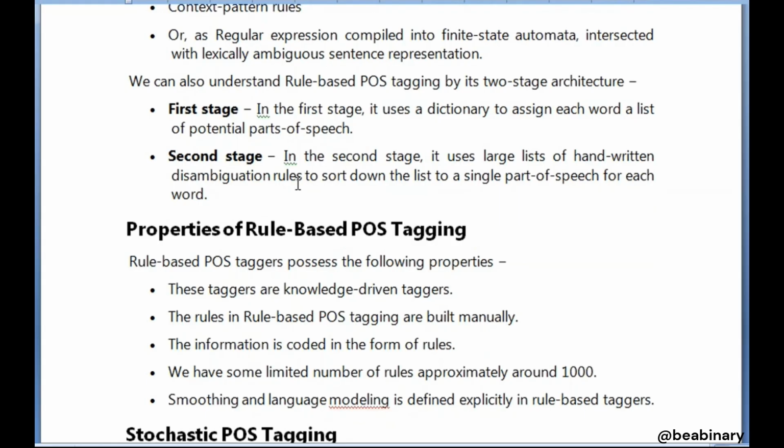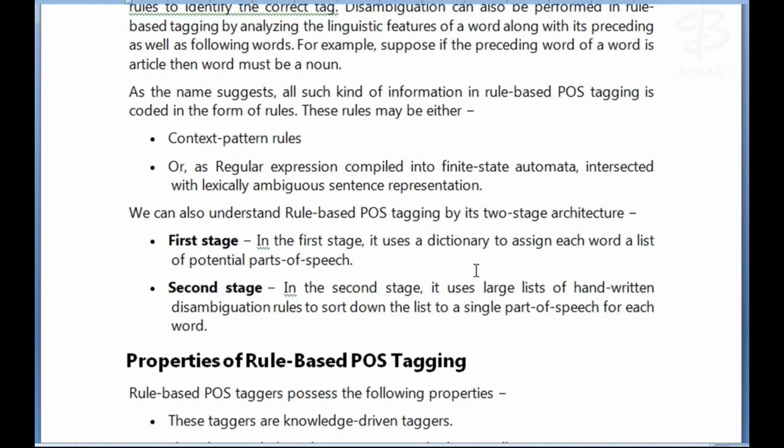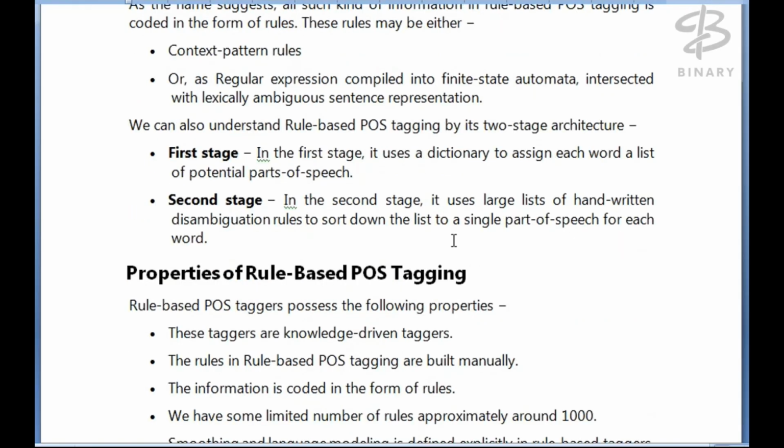So the first stage is that, as shown, they use a dictionary. It uses a dictionary to assign each word a list of potential POS tags.